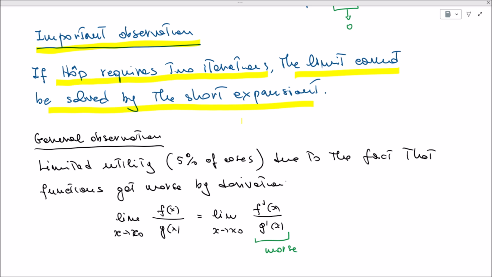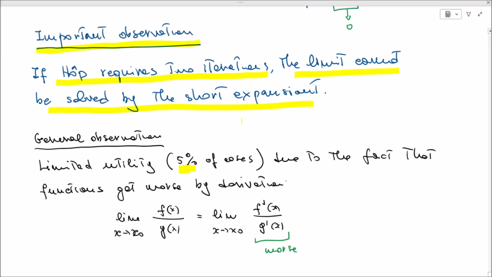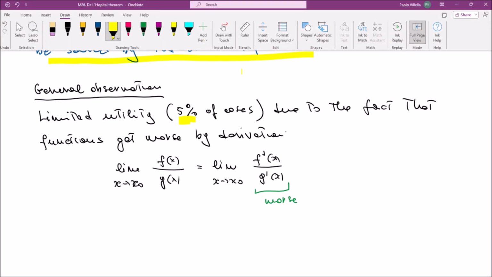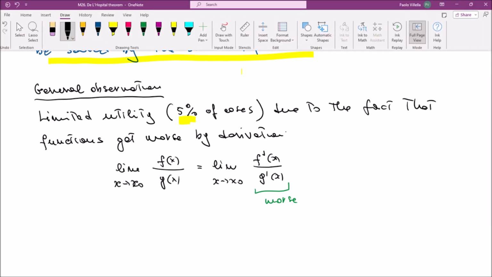So only roughly in 5% of the cases, you get some really advantage in doing this, okay, in taking the derivative. Let's review together some example where this actually works.